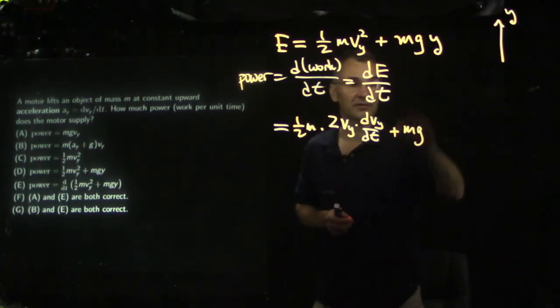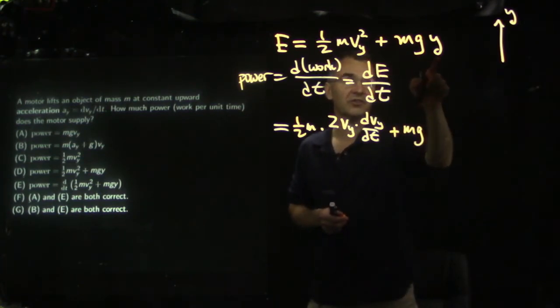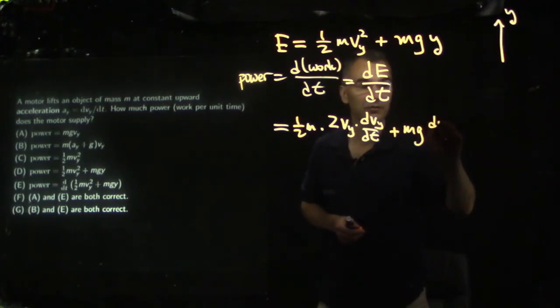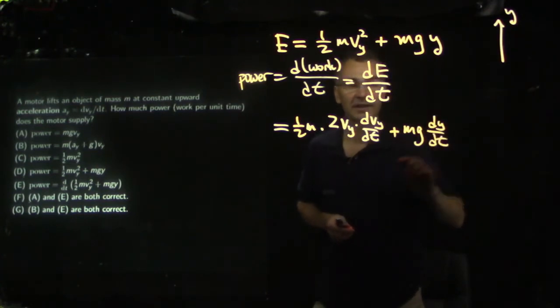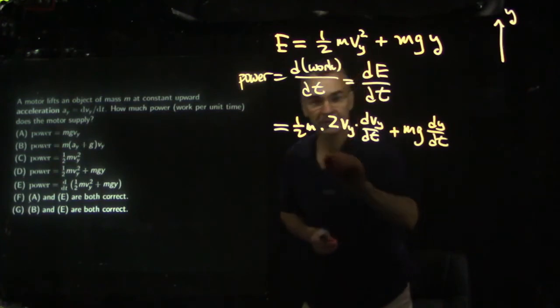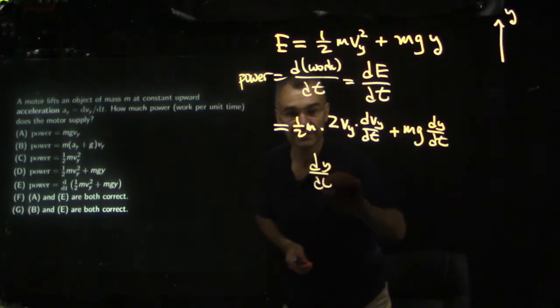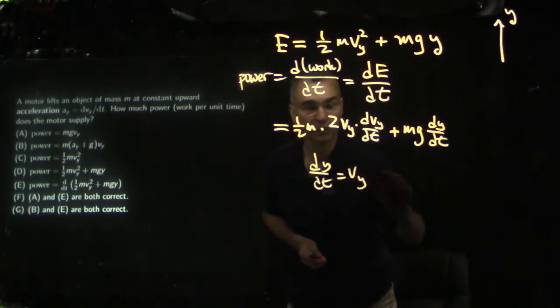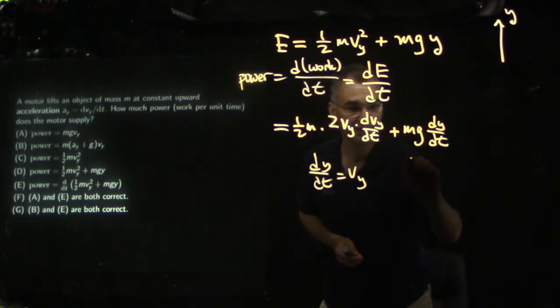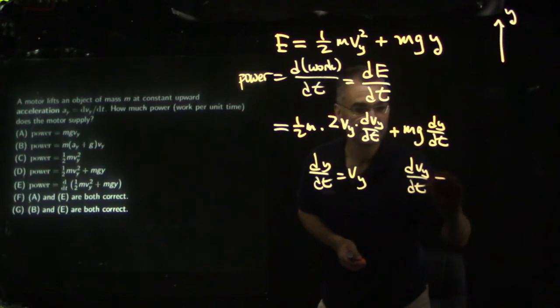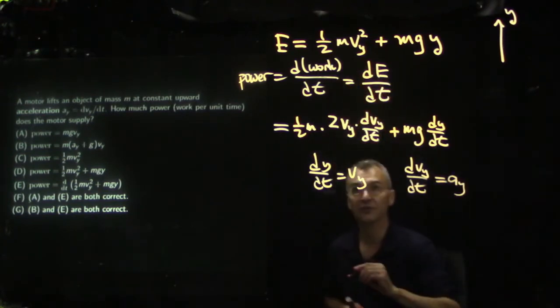And then plus mg, and this is a constant, this is a constant, this is changing, so this is dy by dt. Now, dy by dt is just the velocity in the y direction, and dv sub y by dt is the acceleration in the y direction.